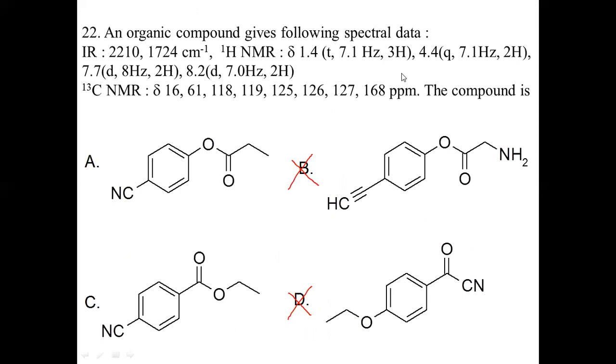So now CH2 group here you have a quartet, but it is highly deshielded. So it has to be next to an oxygen. So in that way, you can just rule out option A, and your correct option seems to be C.